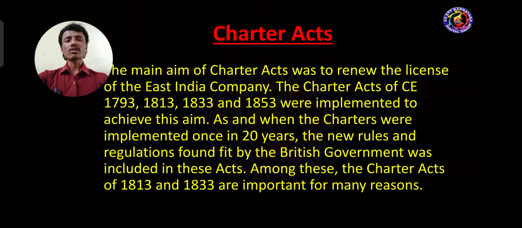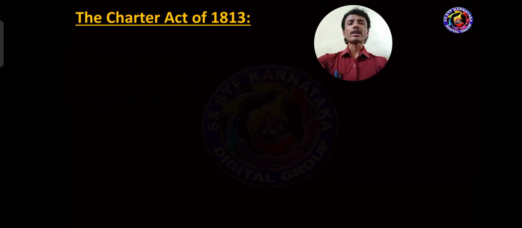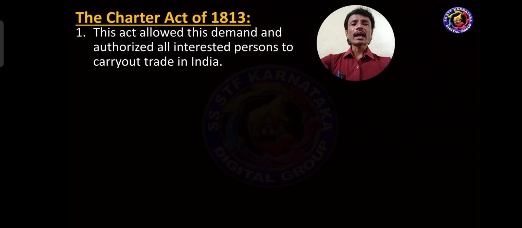Let's start the session, dear students. The first one is the Charter Act of 1813. This act allowed and authorized all interested persons to carry out trade in India, whether the person belongs to the British East India Company or to the Indian country.